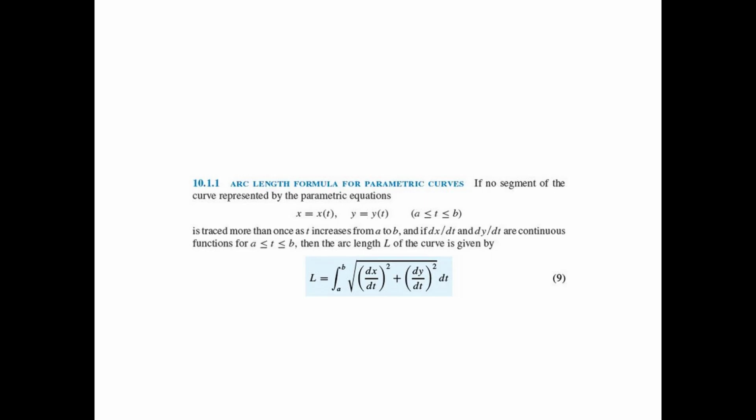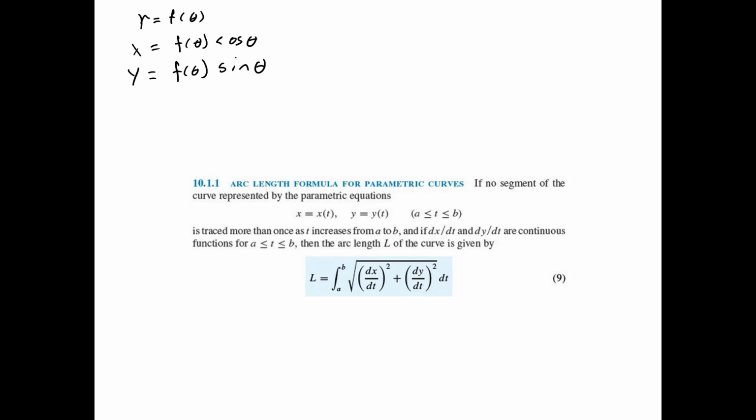Now, if we have a polar equation where r is equal to f of theta, then we can parameterize this curve by letting x equal r cosine theta, so f of theta cosine theta, and y is equal to r sine theta, which is f of theta sine theta. Now we have a parameterization.